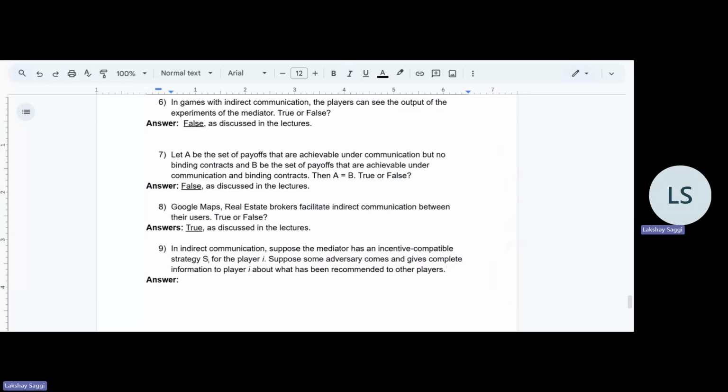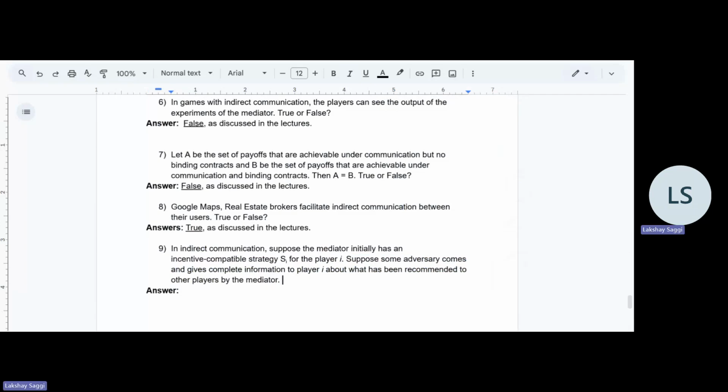So initially, there is an incentive compatible strategy for the player I by the mediator. So right now everything is fine. As player I, I will be following the strategy SI in indirect communication because it's an incentive compatible strategy. But now suppose suddenly some adversary comes to player I and gives complete information about what has been recommended to other players.